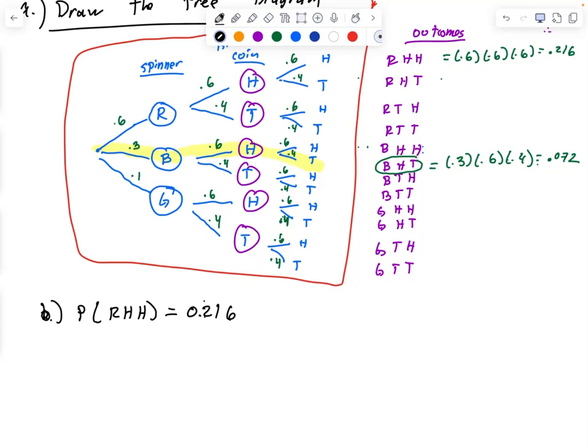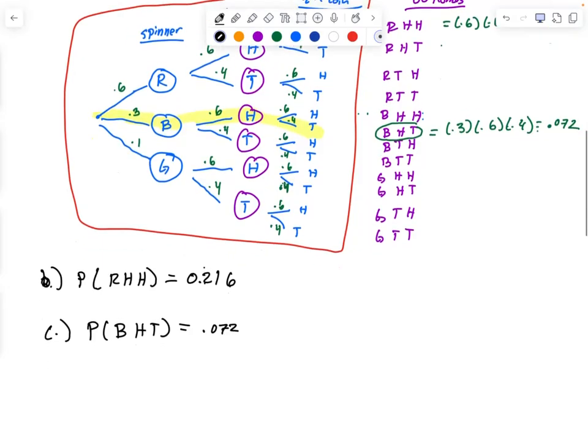These are the two outcomes that have exactly one head and are blue.